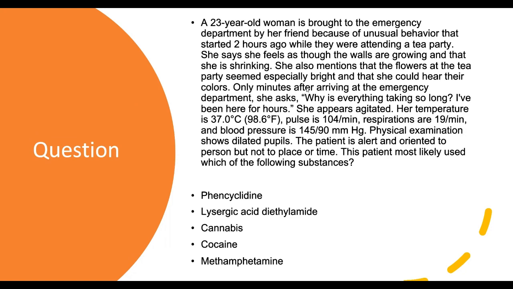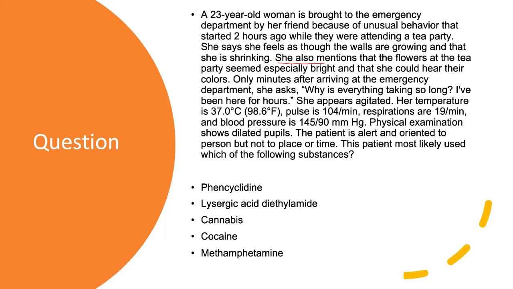This is LSD. So one important thing of LSD is that the patient made flowers at the tea, right? And that she could hear the colors. So whenever someone says they can hear colors or visualize sounds, that's straight up always LSD. Very important to know that.